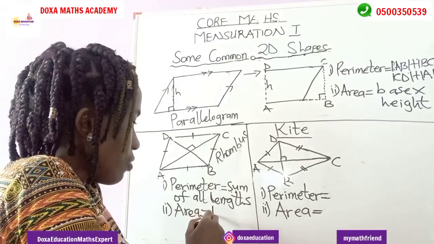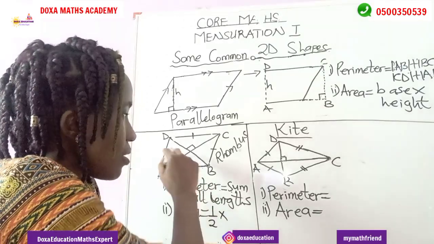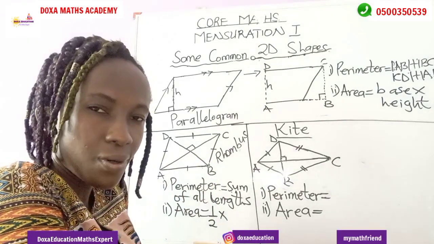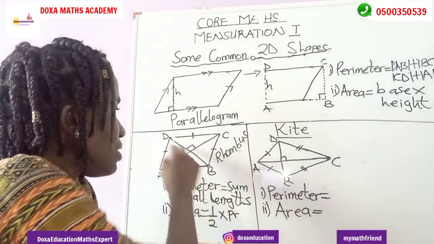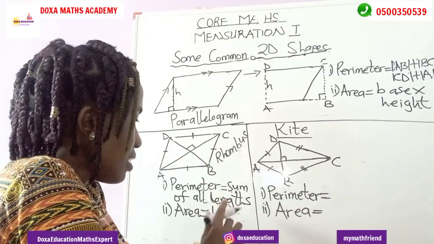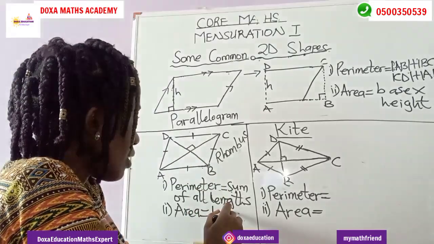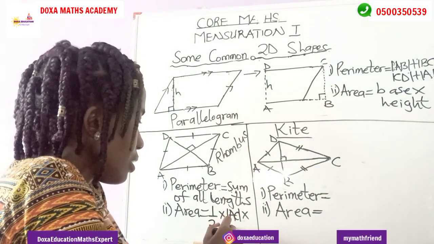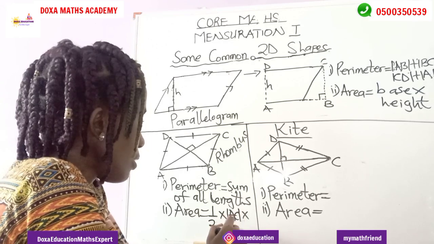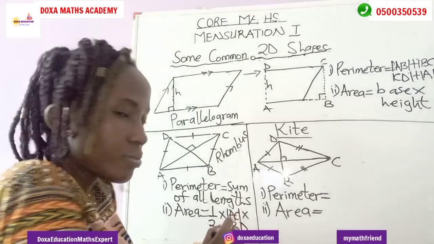So the area is going to be half times the product of the diagonals. So half times diagonal AC times diagonal BD.